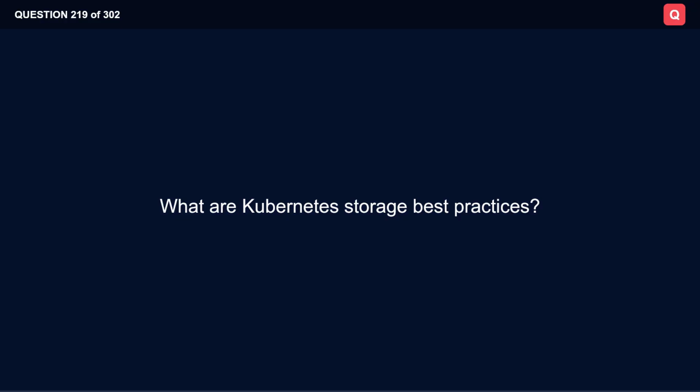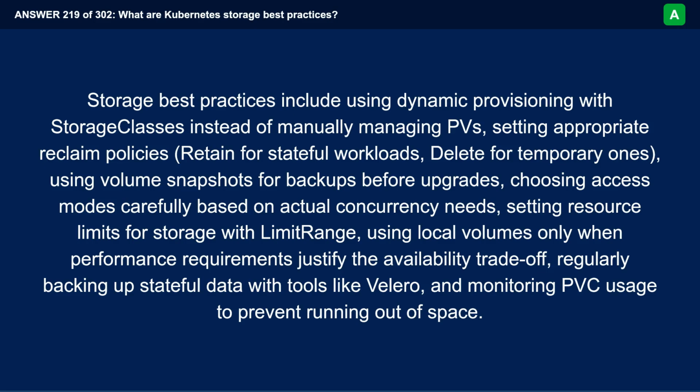What are Kubernetes storage best practices? Storage best practices include using dynamic provisioning with storage classes instead of manually managing PVs, setting appropriate reclaim policies, retain for stateful workloads, delete for temporary ones, using volume snapshots for backups before upgrades, choosing access modes carefully based on actual concurrency needs, setting resource limits for storage with LimitRange.